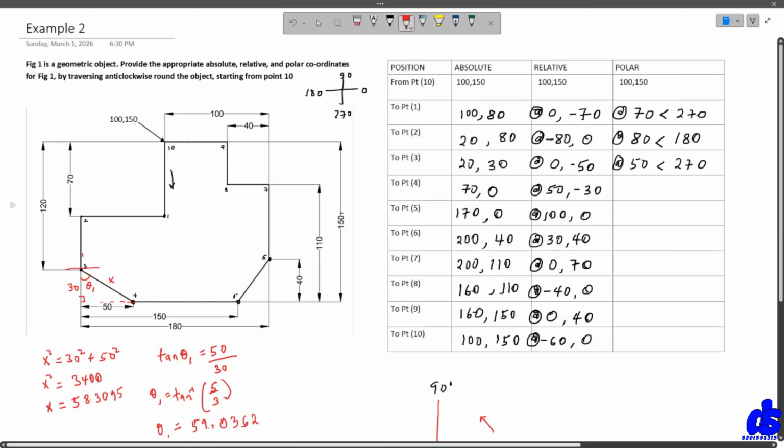You have this as a coordinate system. In terms of the angle, we have already found the magnitude to be 58.3095.